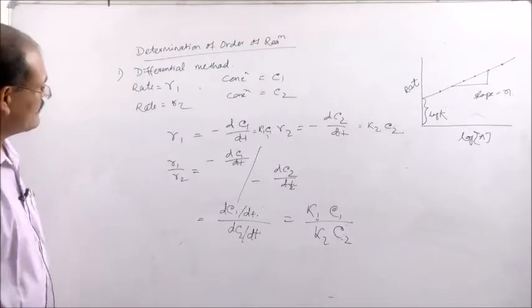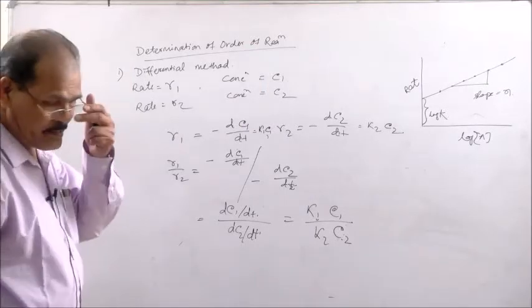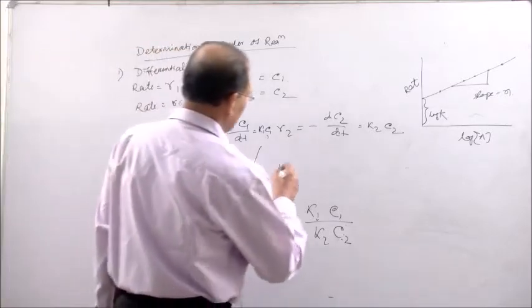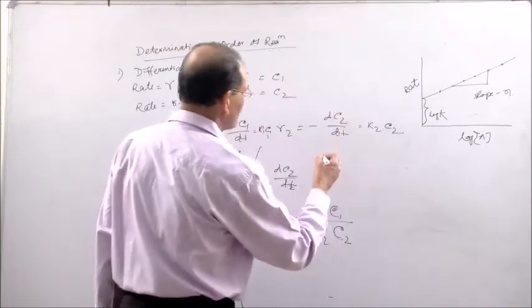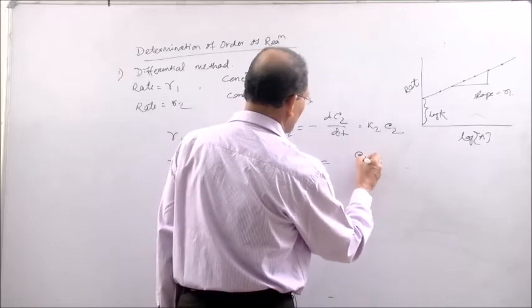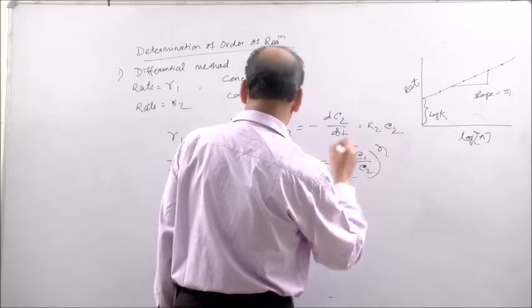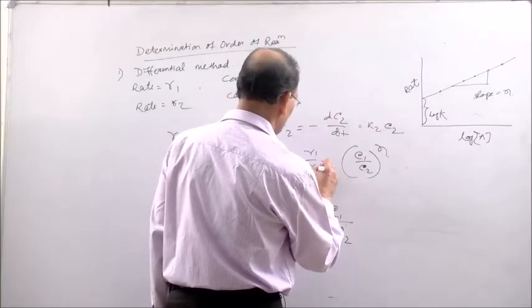So, in that case, for nth order, R1 by R2 is C1 by C2 to the power n.